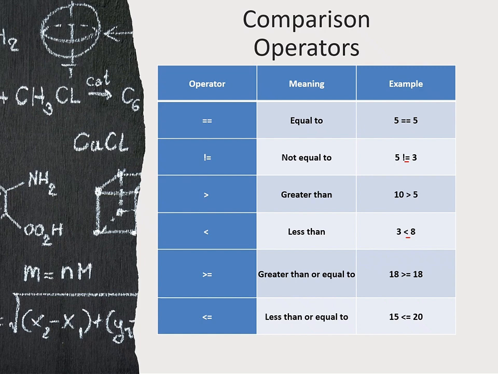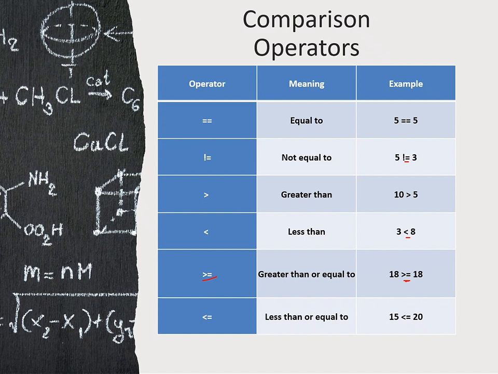This one is greater than or equal to. So 18 is greater than or equal to 18. So we can also have a number greater than 18 here. The statement is correct because 18 is equal to 18. Sorry, any number less than 18, my bad.